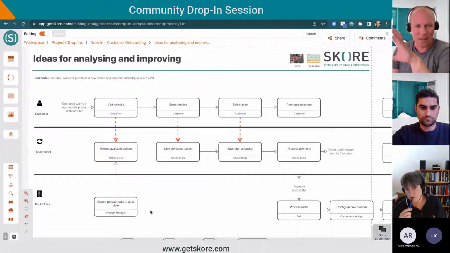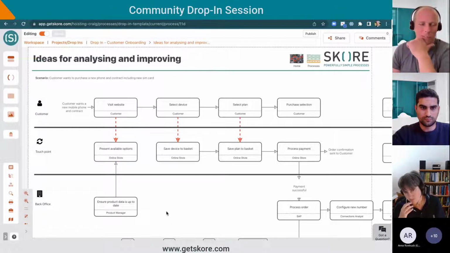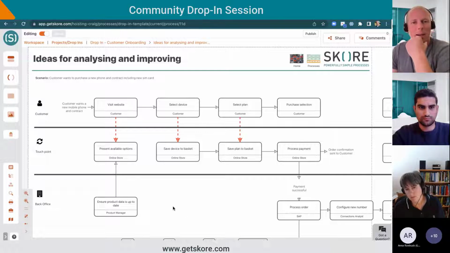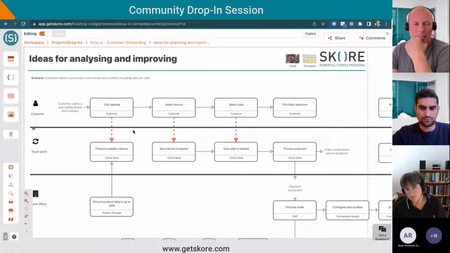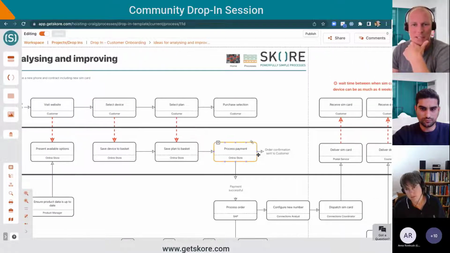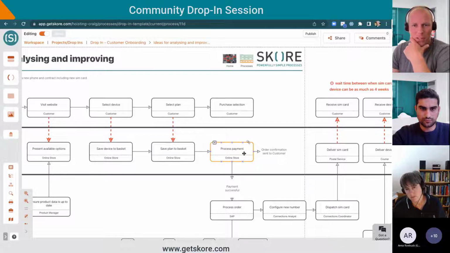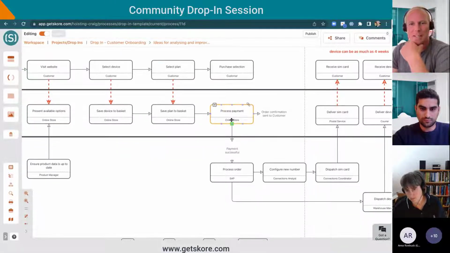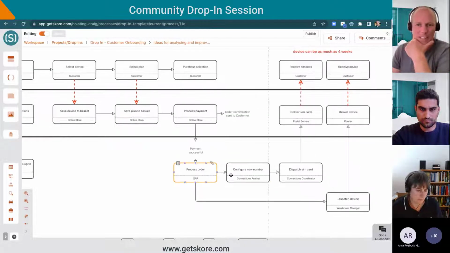Now, this is loosely based on a real example, albeit several years ago. Here what was happening is the customer would go to the website, select their device, select the plan, and everything was going really well. A system would process the payment. That would then interface with an ERP system, which would then process the order internally.